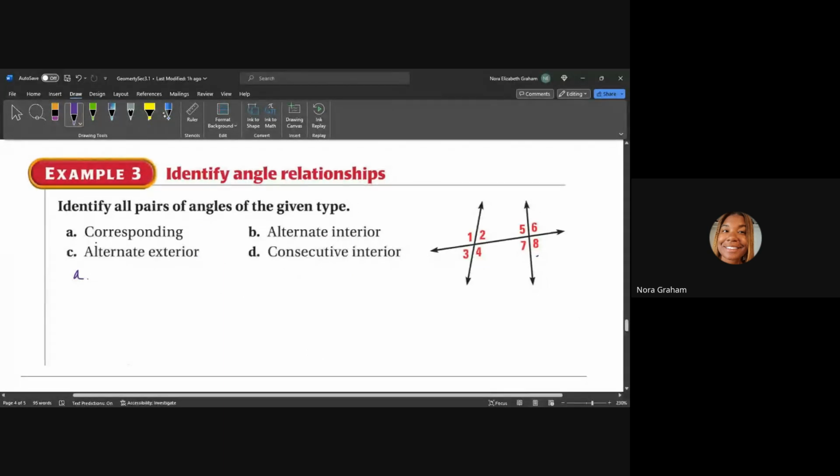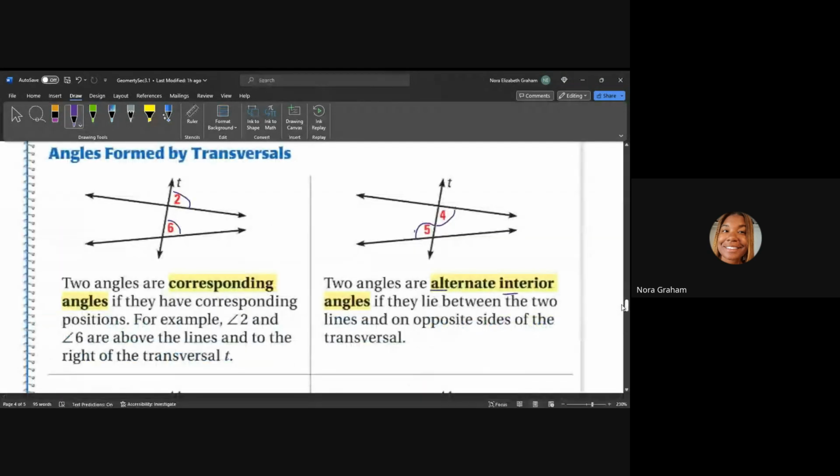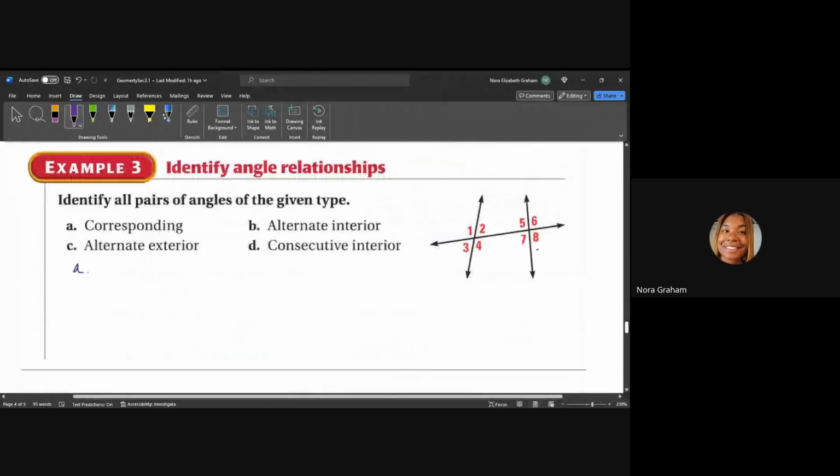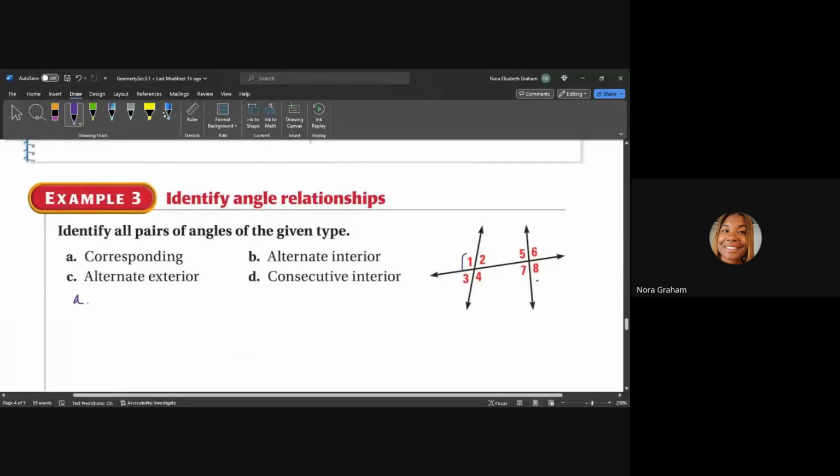And so let's start with A, corresponding. Corresponding angles, like I said, if we look back up at our chart, are angles that are on top of my coplanar lines, but on the same side of my transversal. So these would be angles 1 and 5, and then also angles 3 and 7.